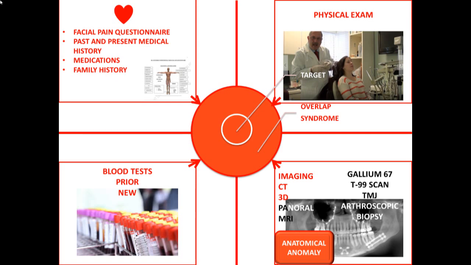In the top left quadrant is the professional questionnaire that I use, which gathers a substantial amount of information that the patient will provide in terms of symptoms, past and present medical history, medications, and family history.